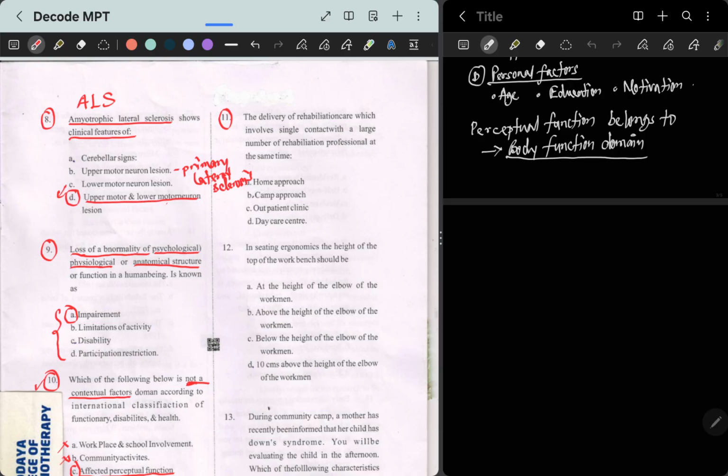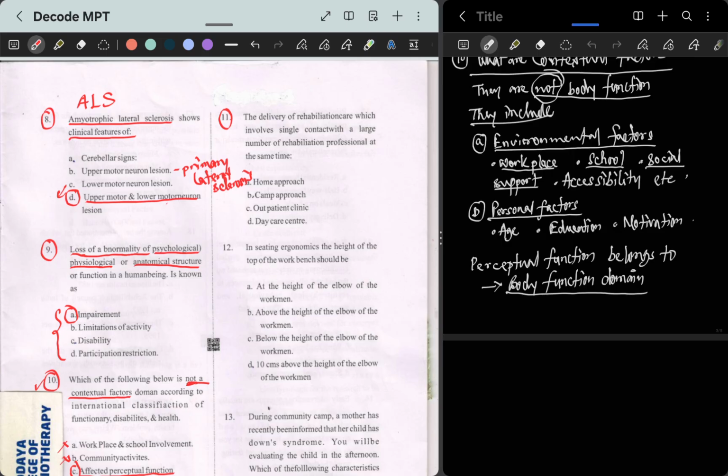Question number 11: the delivery of rehabilitation care which involves single contact with a large number of rehabilitation professionals at the same time is: A, home approach; B, camp approach; C, outpatient clinic; D, daycare center.